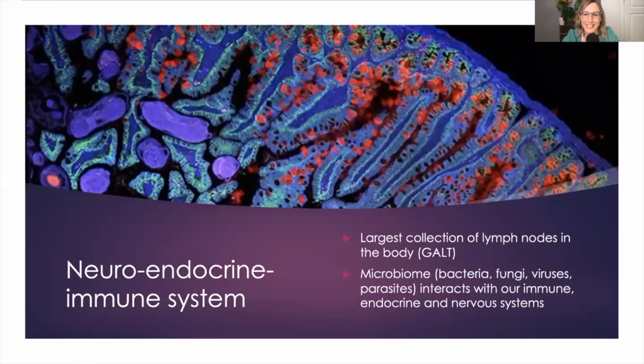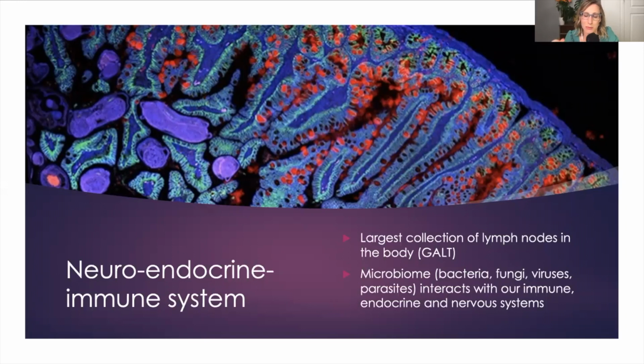So, we're going to anatomically discuss the different layers of gut functioning. The gut is now known to be not only nervous tissue and connected to our nervous system, but it's also connected to our endocrine system, and how our body creates, synthesizes and shares hormones, but also our immune system. In fact, the largest collection of lymph nodes in the human body is in the gut tissue.